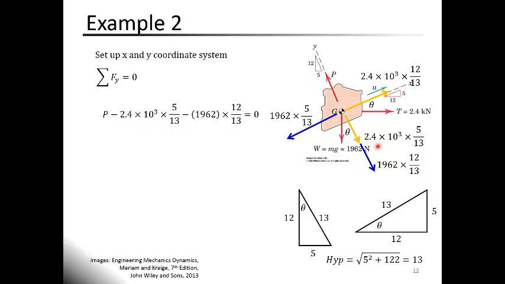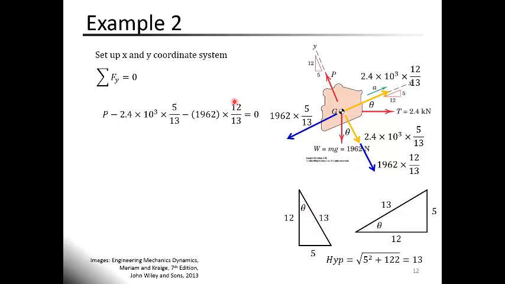We have another component coming from the weight, because the weight here is going vertically down, so we need to resolve this weight along the y direction. If we have this angle theta, the component in the y direction here is going to be W cosine theta. The W, which is the weight, is 1,962 Newton, multiplied by cosine theta, where the cosine theta here based on this triangle is 12 divided by 13.